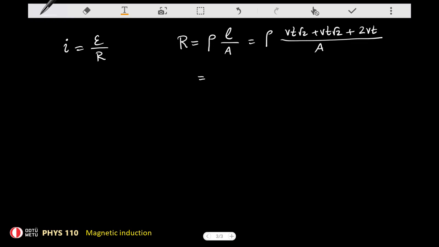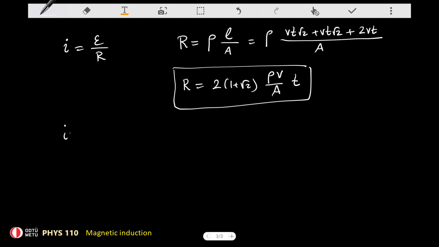Therefore the resistance increases linearly with time. It is 2 times 1 plus root 2 times resistivity times speed divided by the area times time. So the resistance increases with time too.